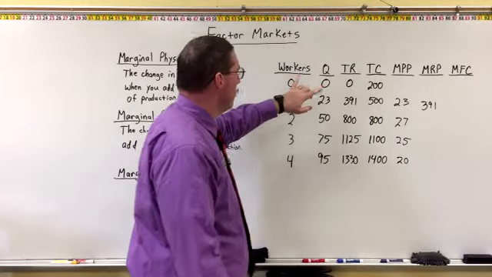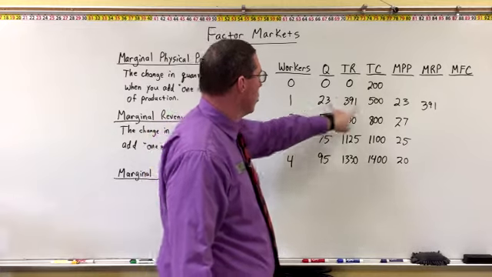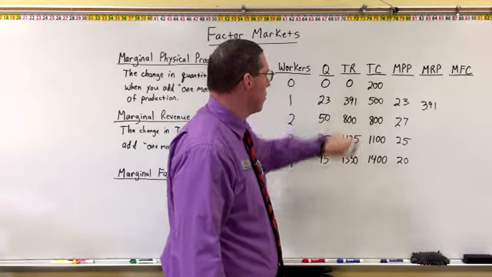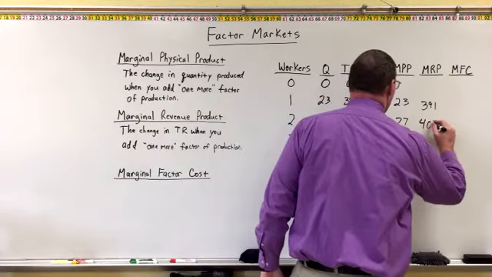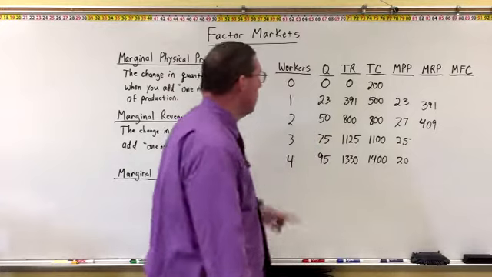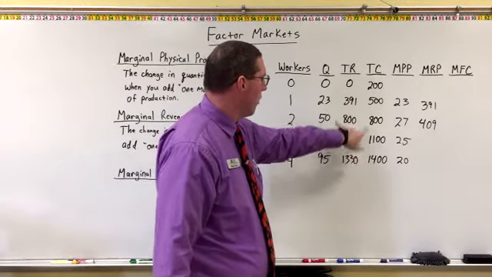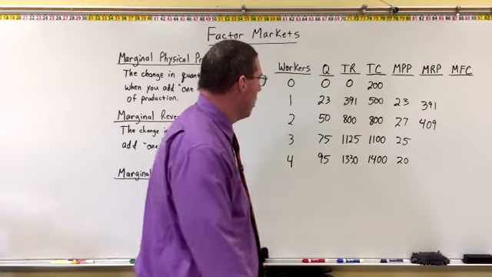What's the marginal revenue product of the second worker? Well, when you add a second worker, your total revenue goes from 391 up to 800. So 800 minus 391, that's 409. So we're going to put 409 here. What's the marginal revenue product of the third worker? Total revenue went up to 1125 from 800. So marginal revenue product is going to be 325.